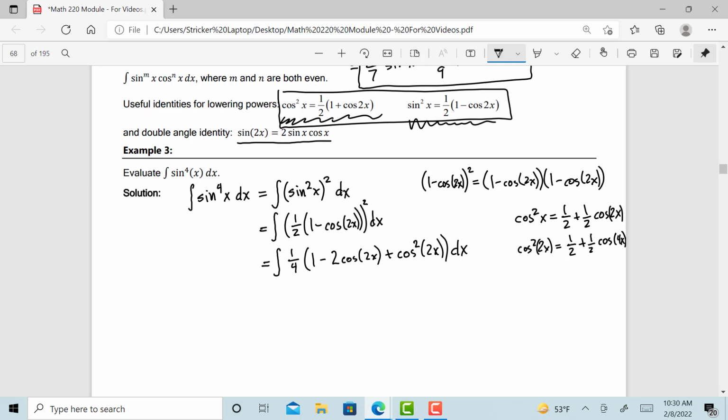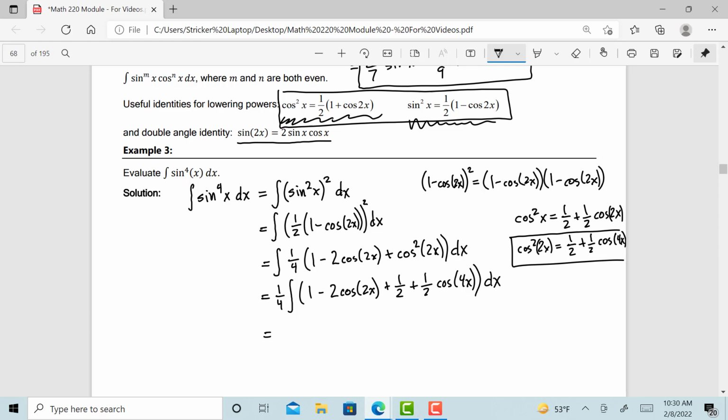And so going ahead and putting those in, let's pull the 1/4 out. We have the integral of 1 minus 2 cosine of 2x. And then in place of this cosine squared 2x, we're going to use this stuff over here. So we're going to have plus 1/2 plus 1/2 cosine of 4x dx.